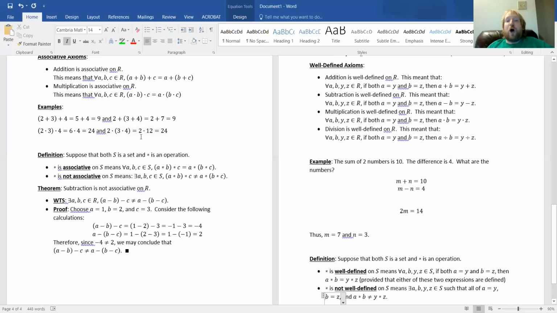So star is not well defined on S means there exists an a, b, y, z, and s such that all of a equals y, b equals z, and a star b does not equal y star z.